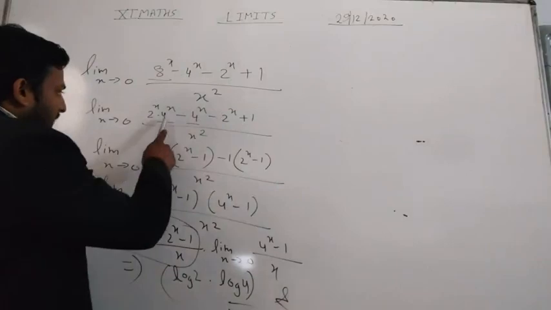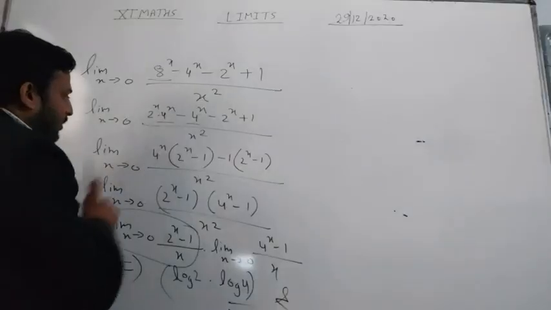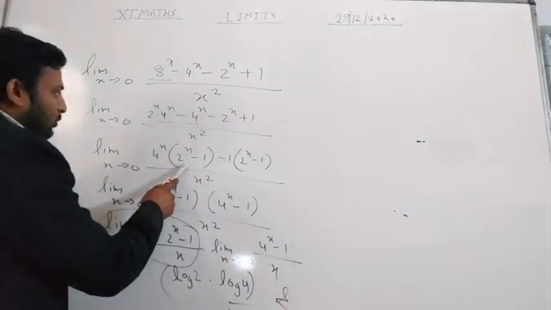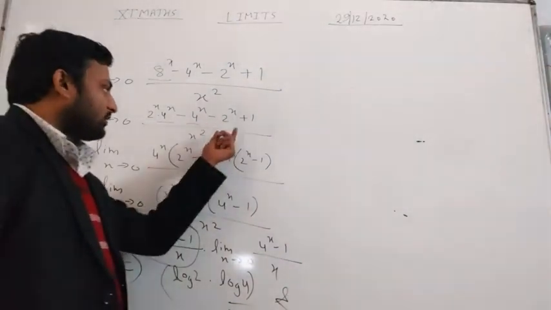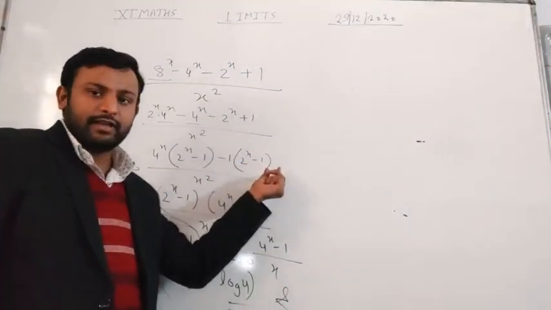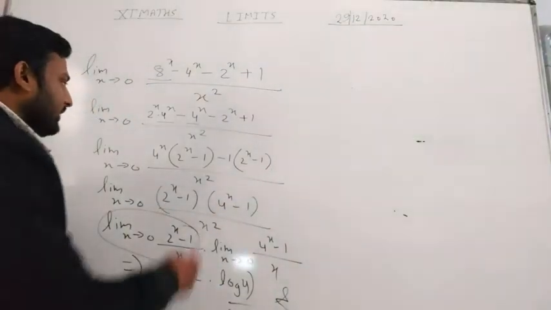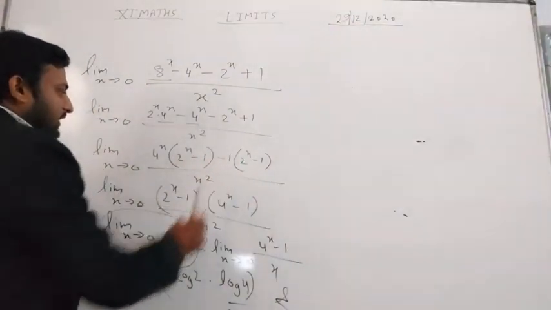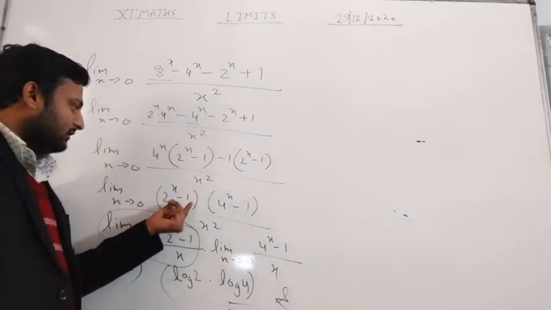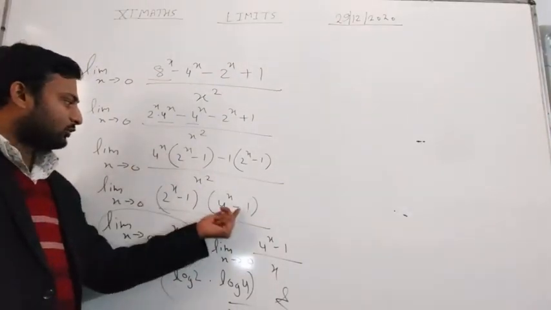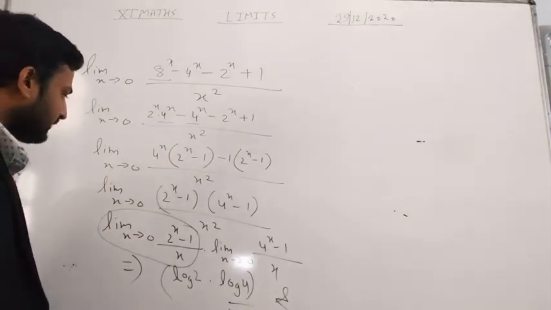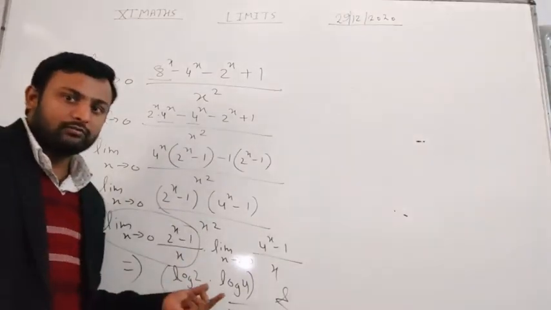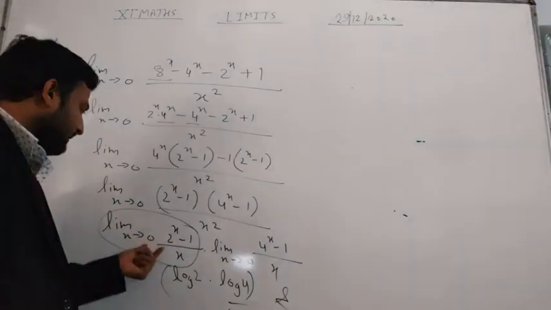Now 4^x is common here, so we write (2^x − 1) under bracket. Taking minus 1 outside, we get (2^x − 1), students. Now these both are the same, we take it common, and this is (4^x − 1). Now there are two terms, students, so we separate these two terms, taking the limit separately.